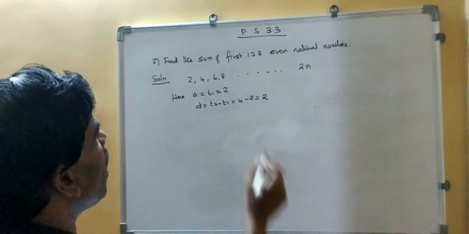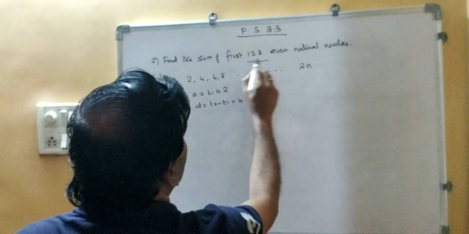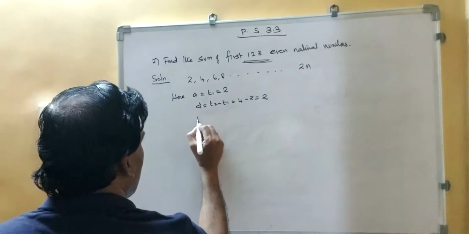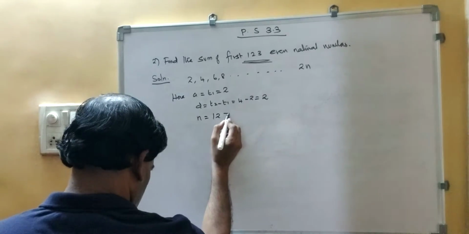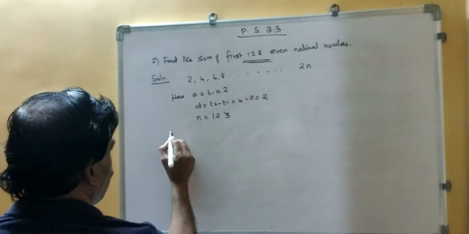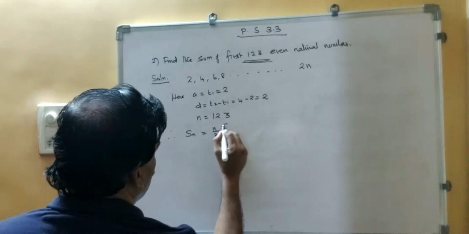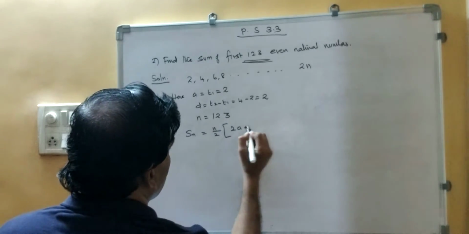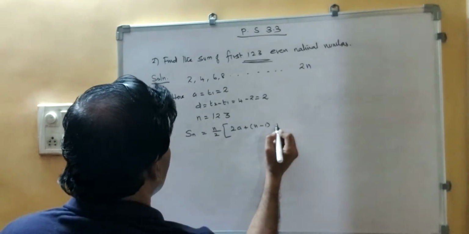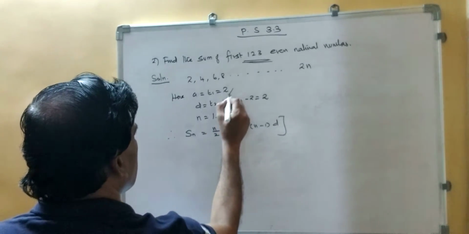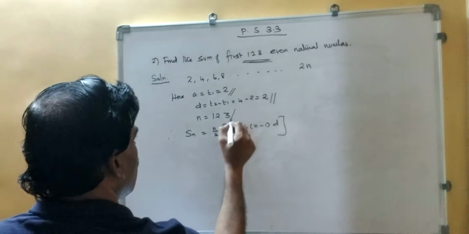Now how many even natural numbers are there? 123. So n is also given to you. Therefore Sn equal to n upon 2 into 2a plus n minus 1 into d. See, a is given, d is given, n is given.